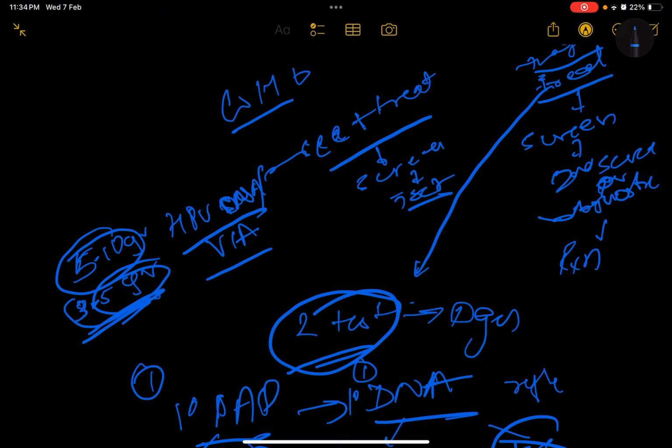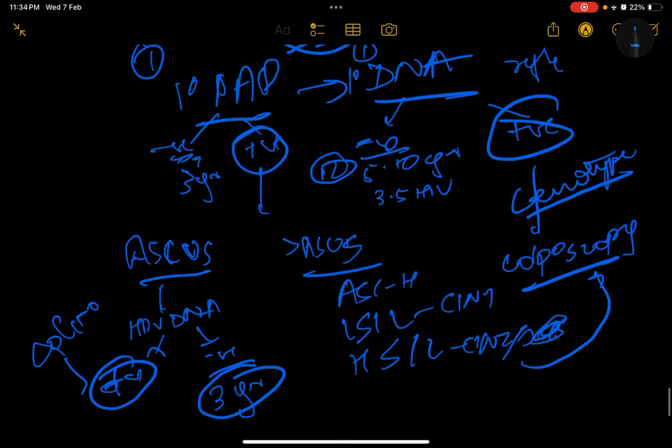If it's an ASCUS less than 25, just repeat after your normal 1 year. If it's ASCUS, you're doing an HPV DNA. Negative, just repeat after 3 years. If you're not doing an HPV DNA, repeat after 1 year.